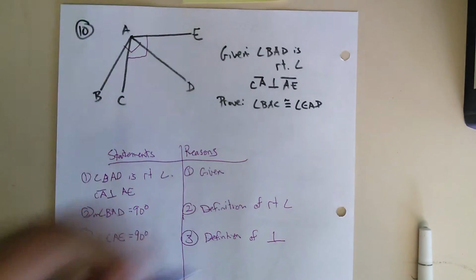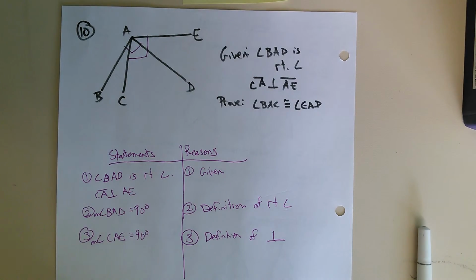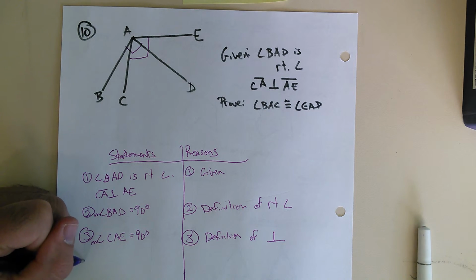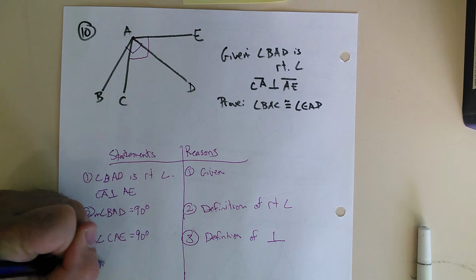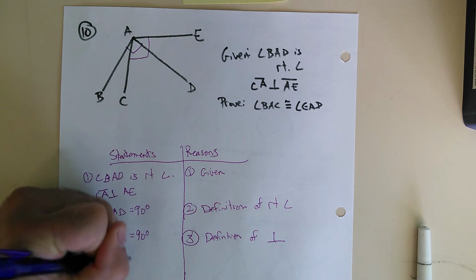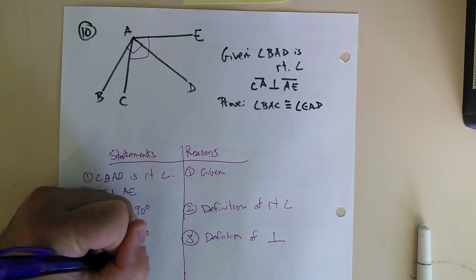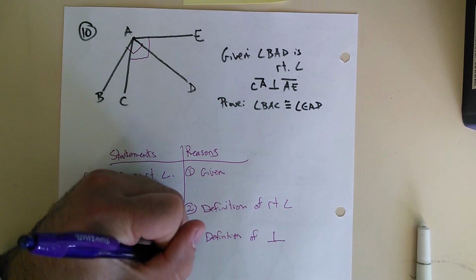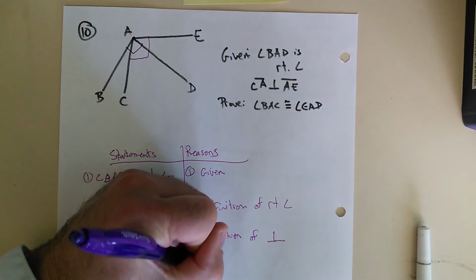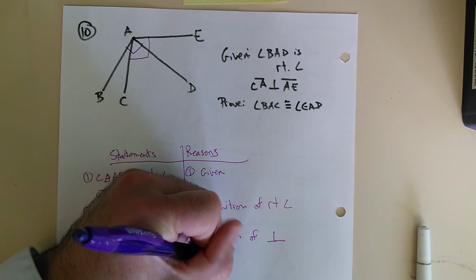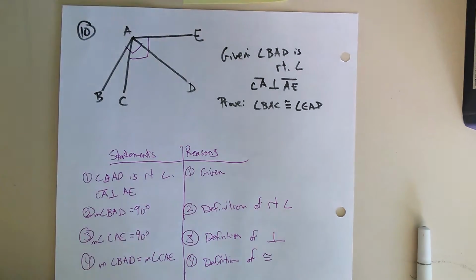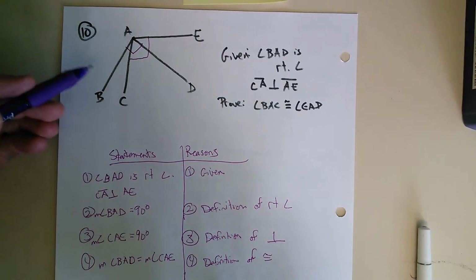And then I could say they're now congruent, right? So number 4, the measure of angle BAD is equal to the measure of angle CAE, because that's the definition of congruent. Two angles of the same measure are congruent. So now I know these two are congruent, which maybe you saw from the very beginning.